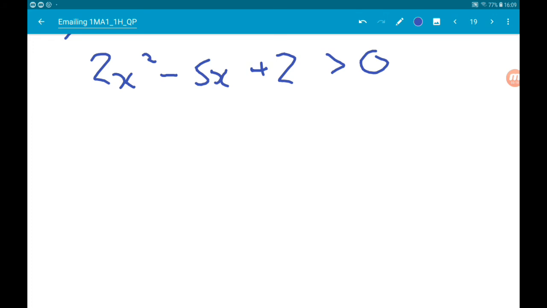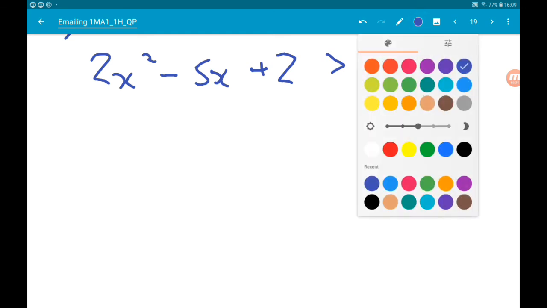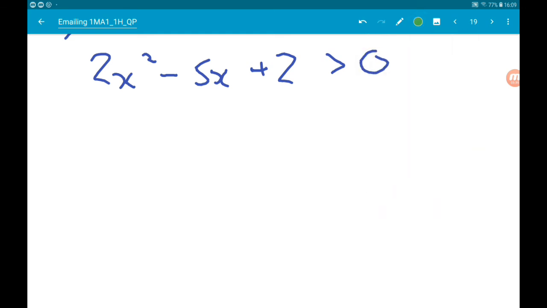So the way we do this is by plotting the graph and finding the values of x that create the part of the graph above the x-axis. So we now really think about it as an equation in terms of finding the graph.